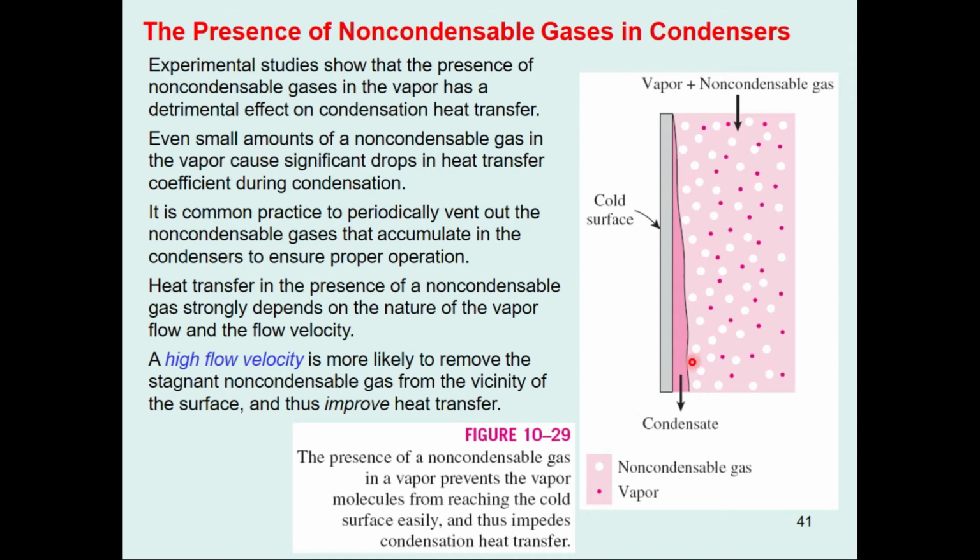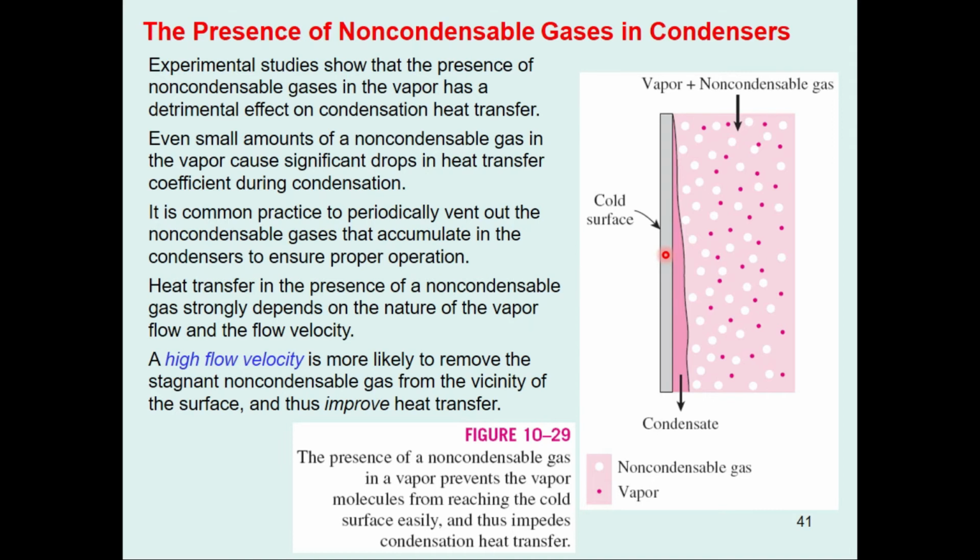The purpose of the condenser is to condense the vapors into the condensate, right? Suppose there are non-condensable gases: the white dots are the non-condensable gases, and the pink dots are the vapors which have to condense on this liquid film. This is a cold surface, right? Experimental studies show that the presence of non-condensable gases in the vapor has a detrimental effect on the condensation heat transfer.